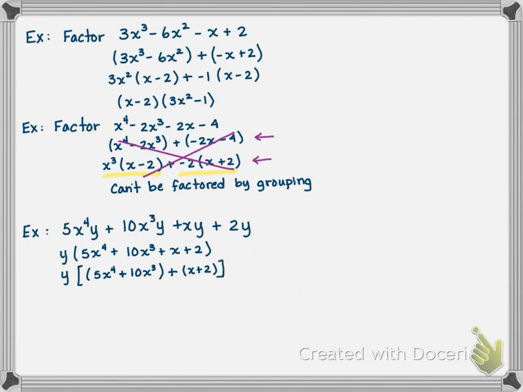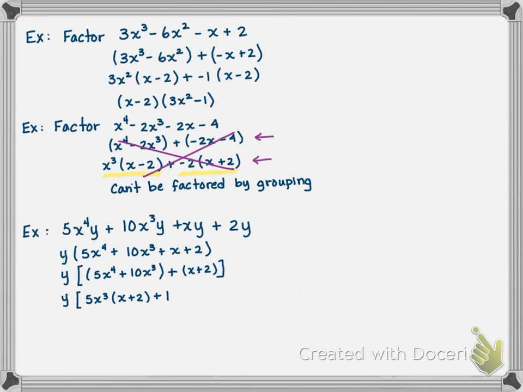And so now, just within those brackets, we're factoring as we normally would. So my y hangs on for the ride, and I've got a common factor of 5x to the 3rd, x plus 2. And then my second group, I don't have any GCF, right, for x and 2, and I don't even have a negative to take out.